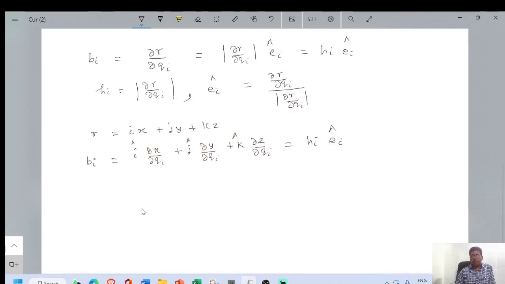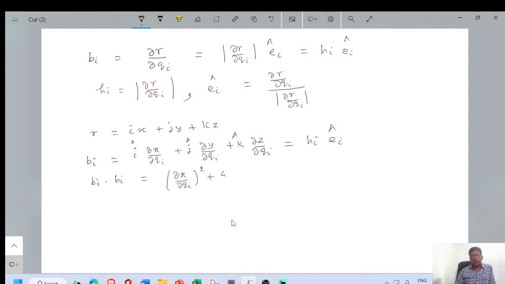Now we should write the value of b_i dot b_i, which is equal to (∂x/∂q_i) whole square plus (∂y/∂q_i) whole square plus (∂z/∂q_i) whole square, which is equal to h_i square. b_i dot b_i means i dot i is 1, j dot j is 1, k dot k is 1. So we can get this value.